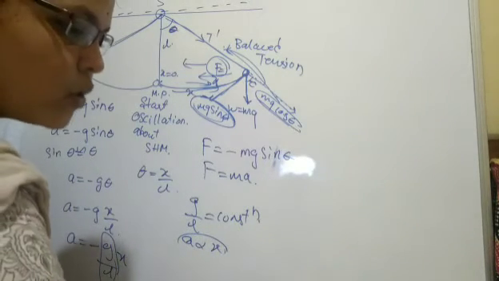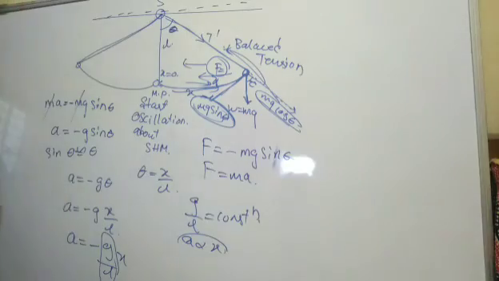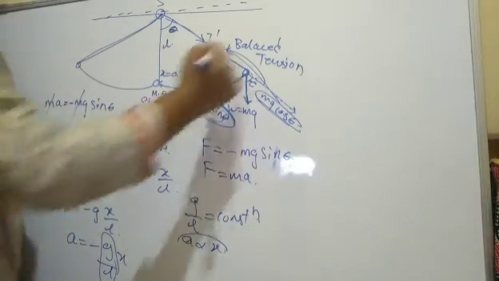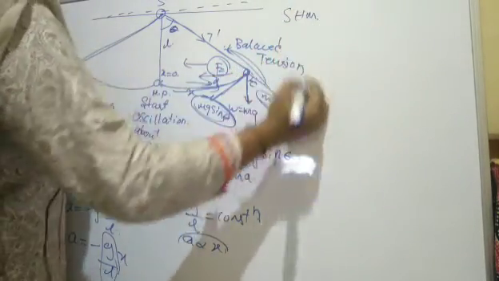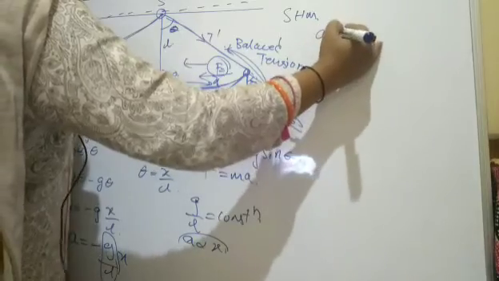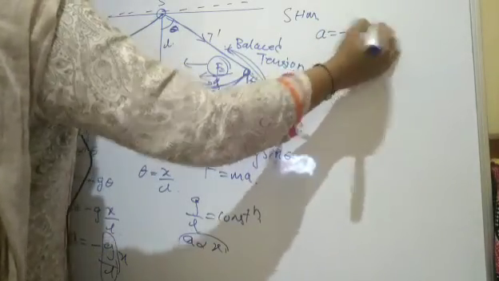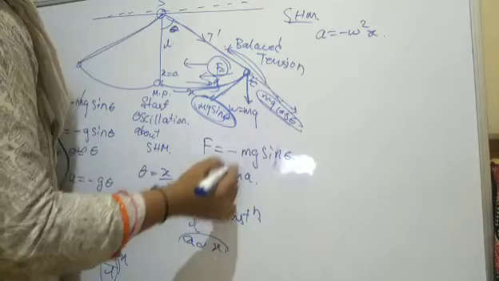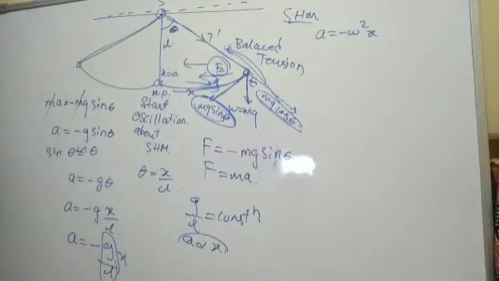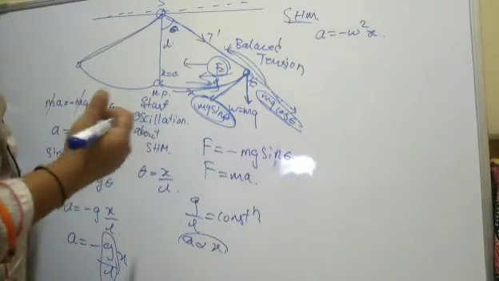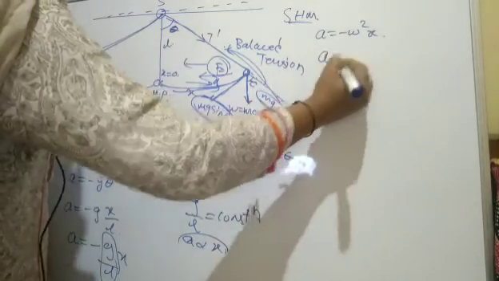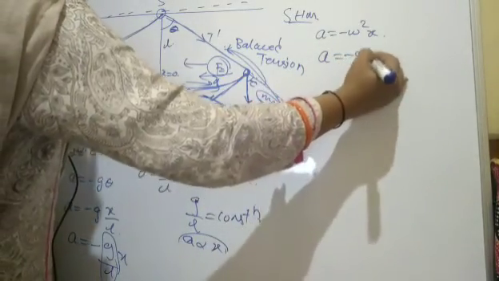So we have to check whether the time period is the same as what we get in simple harmonic motion. We have acceleration is equal to minus omega square x in simple harmonic motion, that is the acceleration of a particle in simple harmonic motion. So we have acceleration is minus g by L of x.